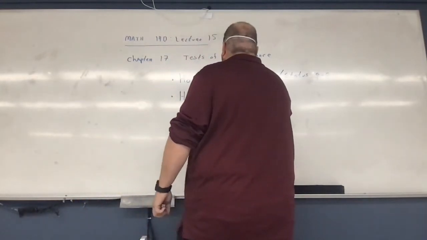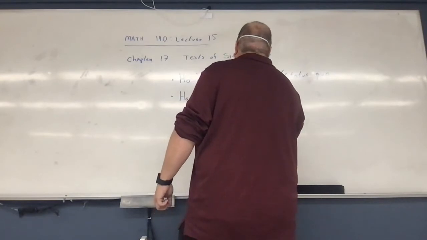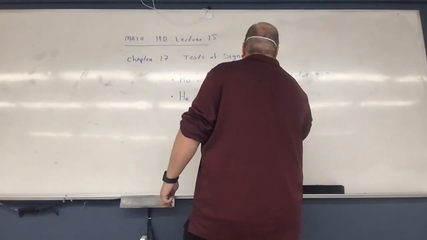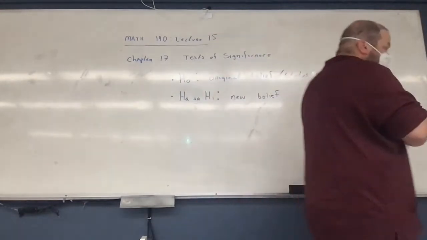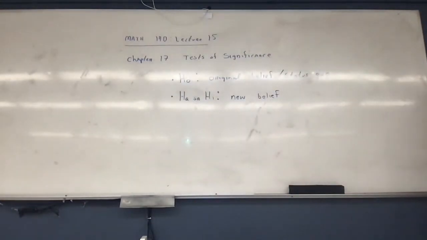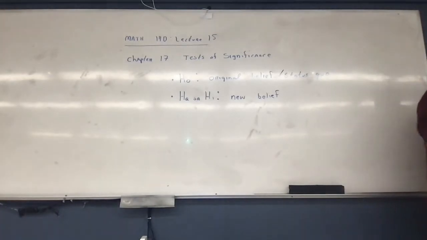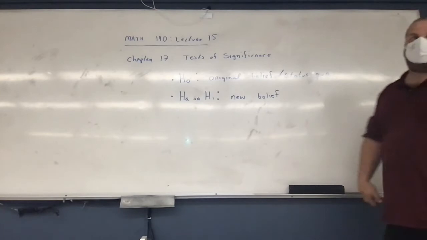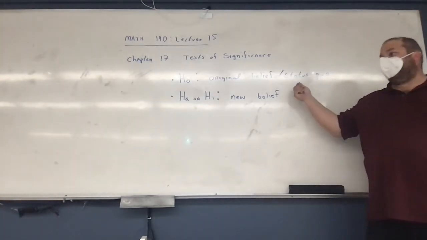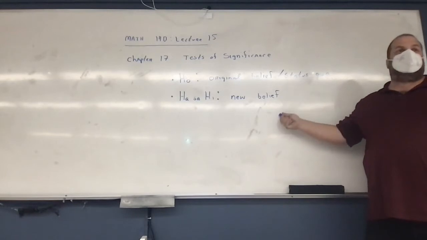And it's the new belief. Oh, I'm sorry, I don't think your coin is fair. I think the proportion of heads is going to be 80%, or maybe just more than 50% or something. And I'm going to test that. And I want to see whether the data supports the original hypothesis, or does the data support the alternative hypothesis?